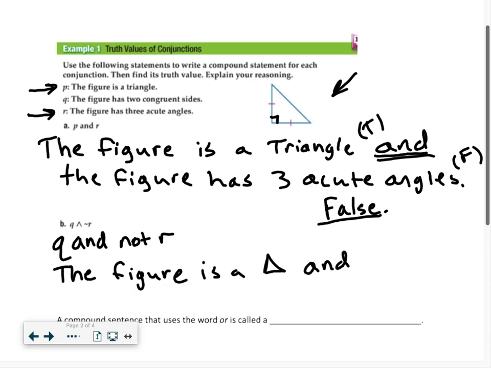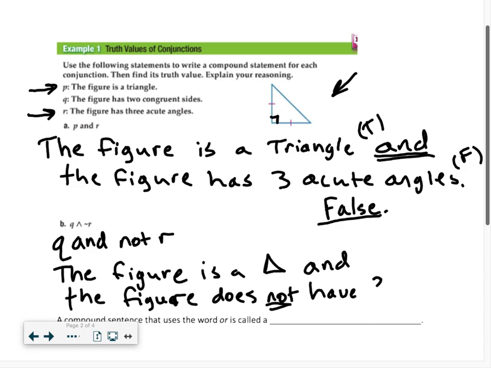And the second part, we're negating the second statement. How do we negate R? The figure does not have three acute angles.